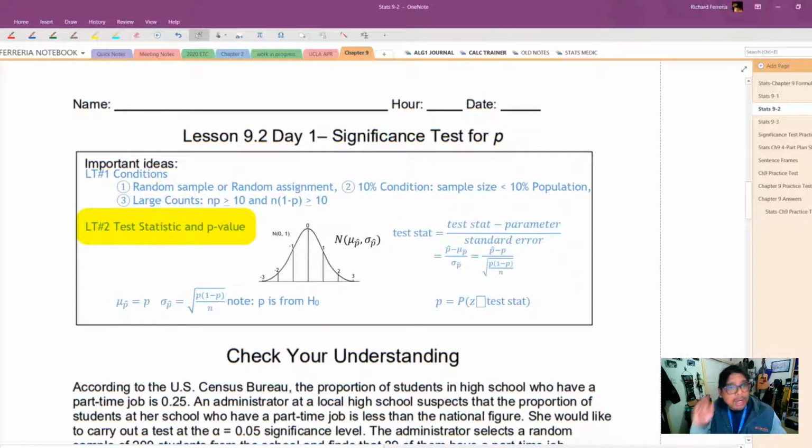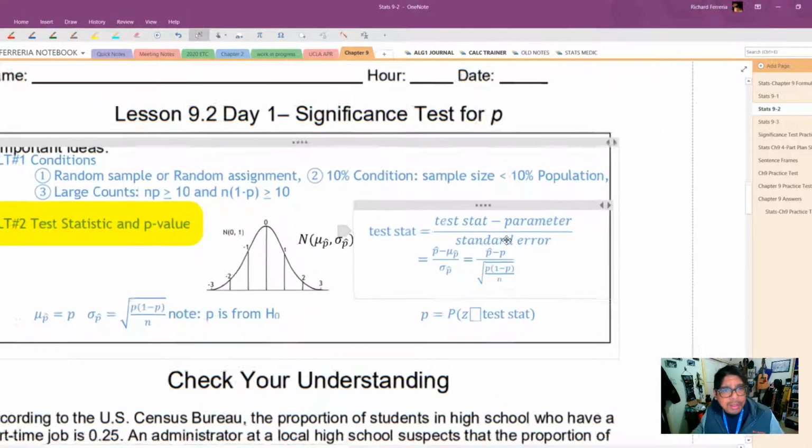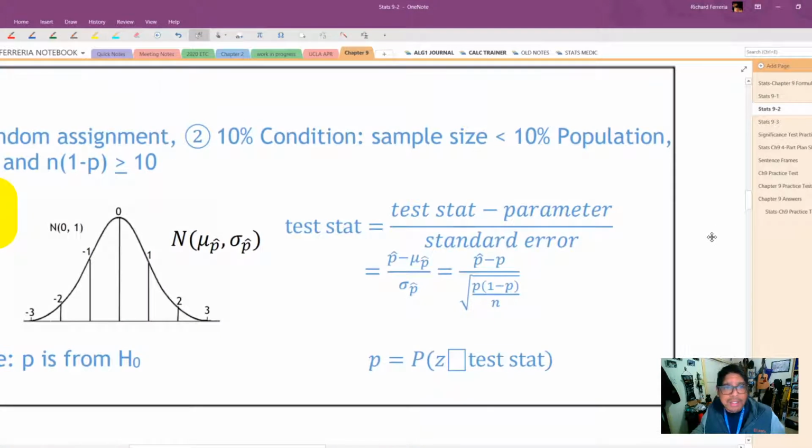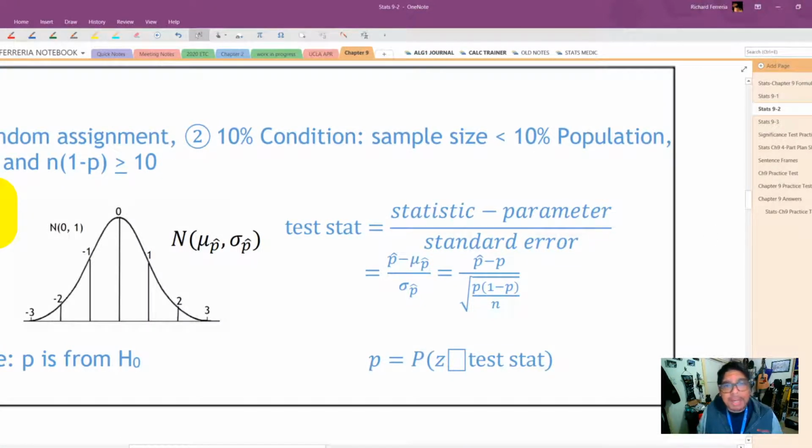Just rearranging a couple things over here, and I'm going to zoom in. The test stat is always going to be equal to the statistic minus a parameter over the standard error. In our case, that's p hat minus mu p hat over sigma p hat. Some of you might prefer to see everything substituted in there, so that's p hat minus p over root p(1 minus p) over n. It doesn't matter which of those two formulas you use, they are identical through equality.